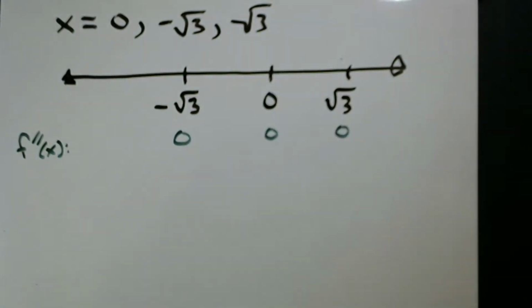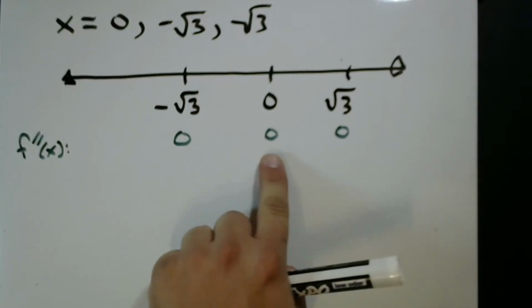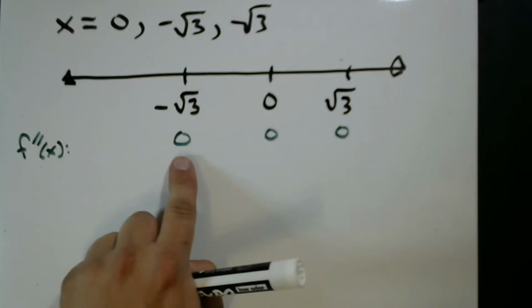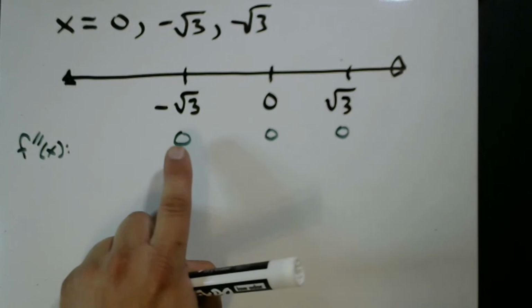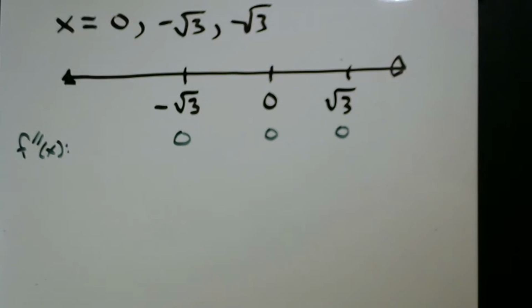It's 0 at negative square root 3, 0, and square root 3. So this is where we're going to see a transition from concave up to concave down, or concave down to concave up. We're going to see that transition at these points.